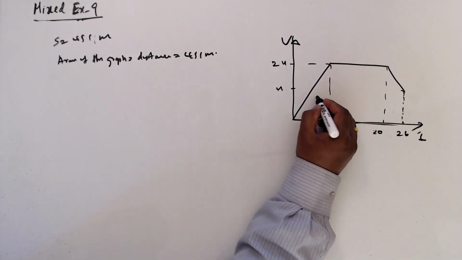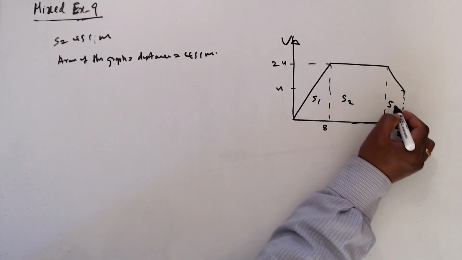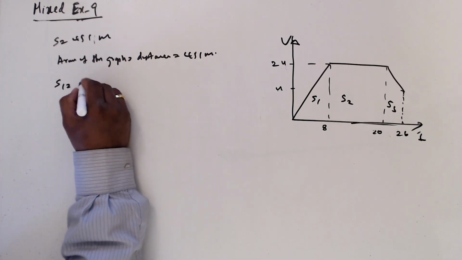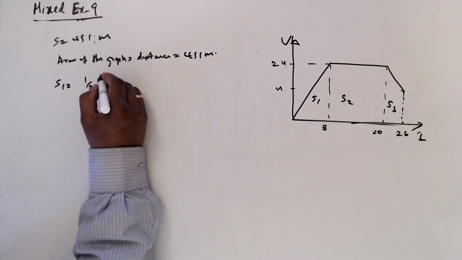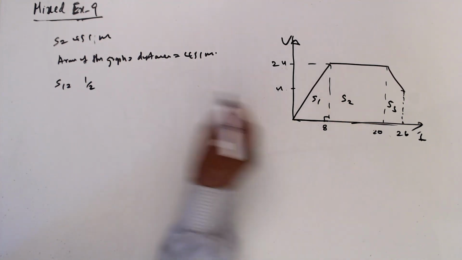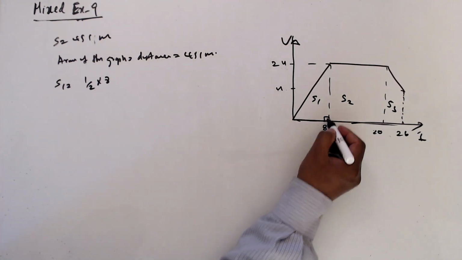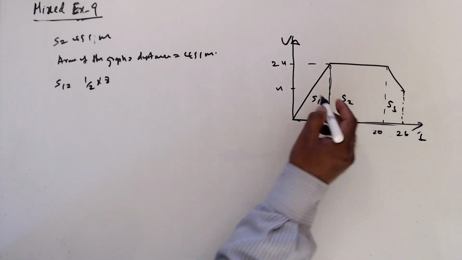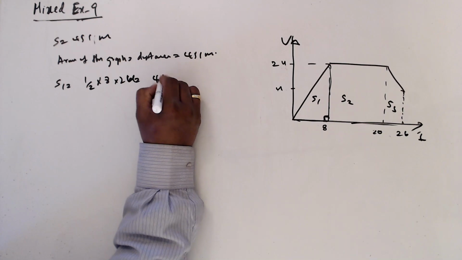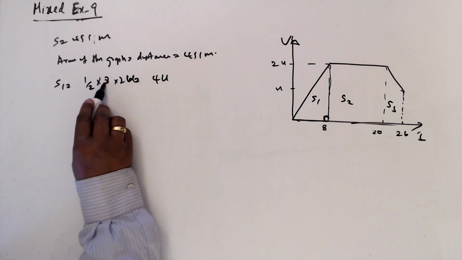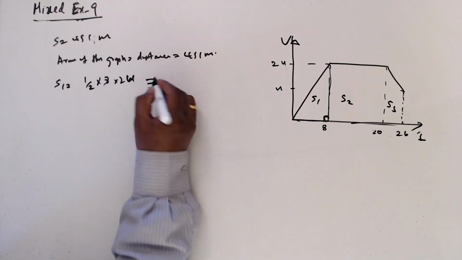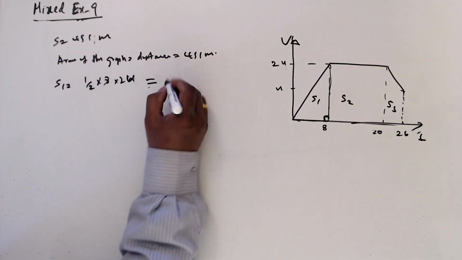So area is S1 plus S2 plus S3. S1 is half times base times perpendicular height. So this is 2u, so this is going to be 8u.